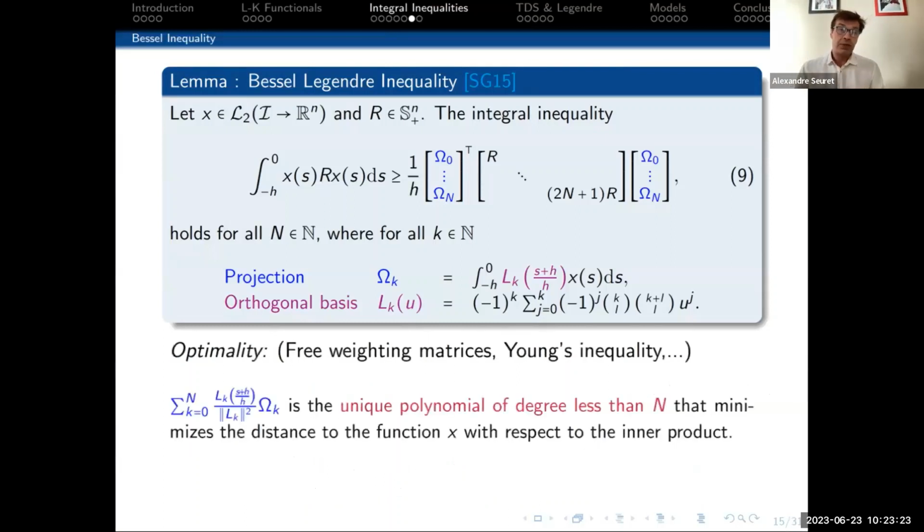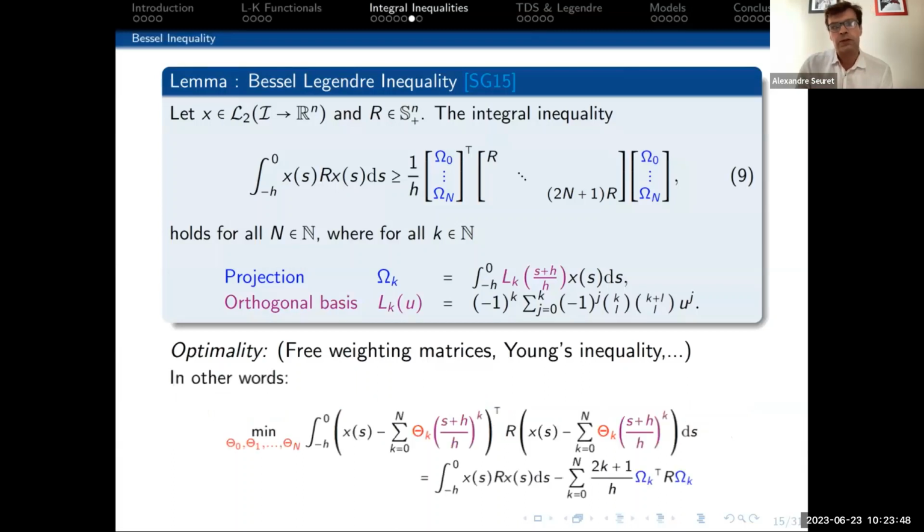So what is really nice is that this expression already contains some optimality criteria, because this projection vector, so this projection function, is the unique polynomial of degree less than n that minimizes the distance to the function x with respect to this inner product.